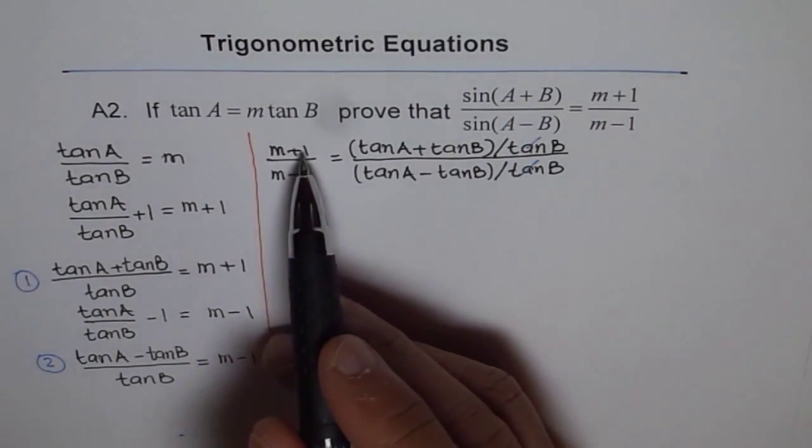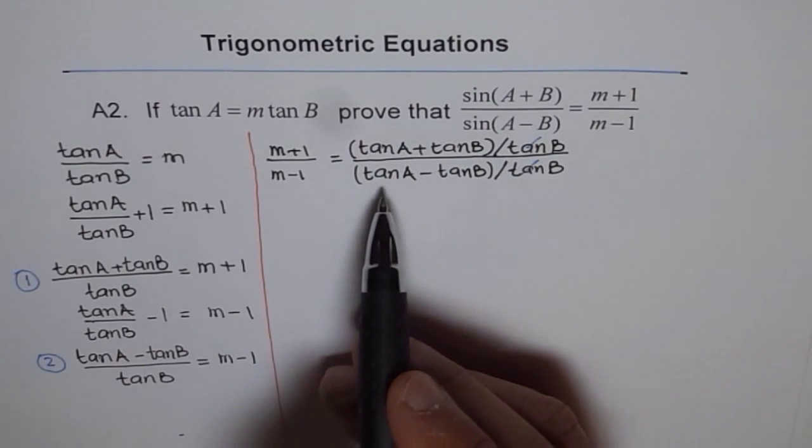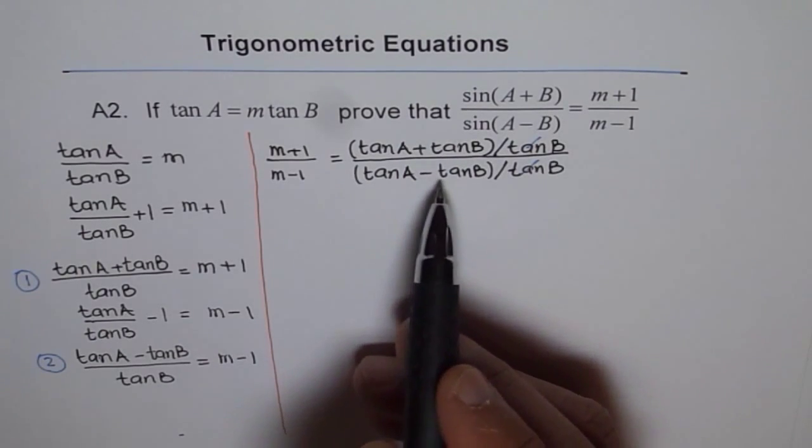So we get m plus 1 divided by m minus 1 equals tan A plus tan B divided by tan A minus tan B.